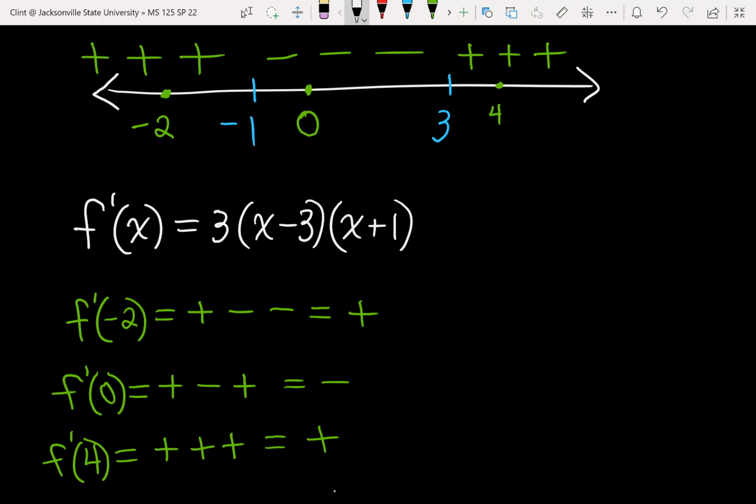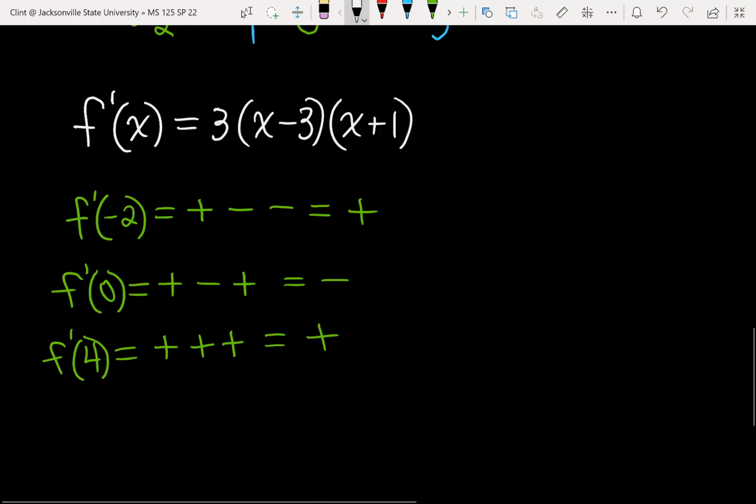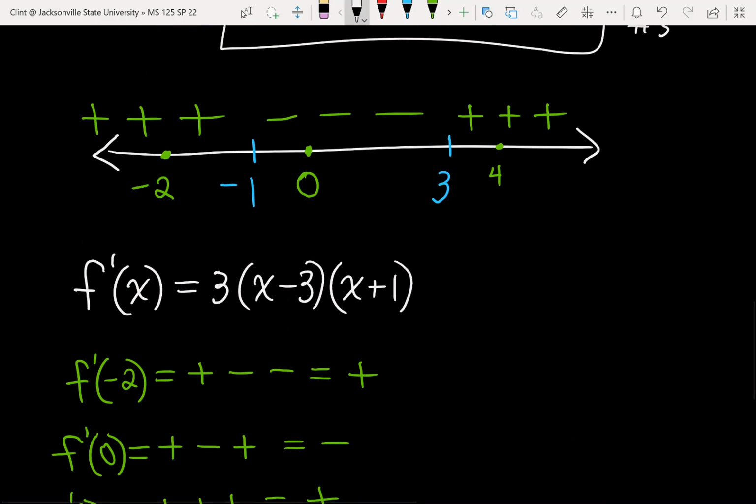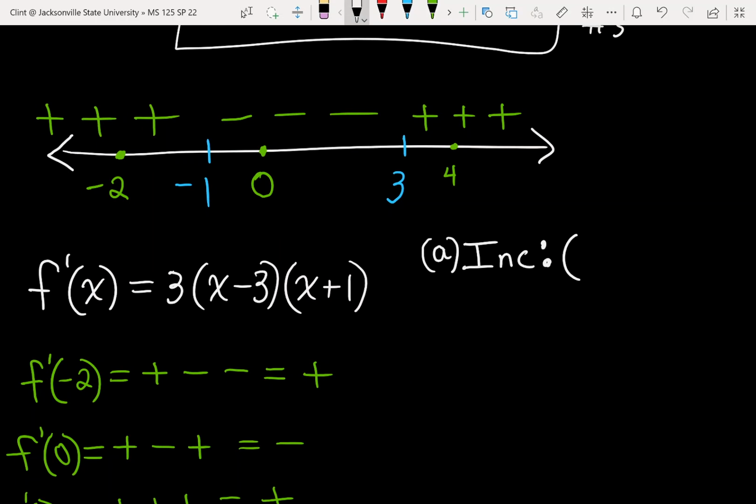Okay. So for, did I label them ABC? ABC, yeah. So for part A, we are increasing on what intervals? Yeah, negative infinity to -1.